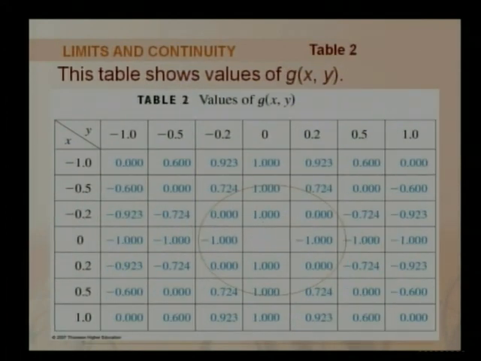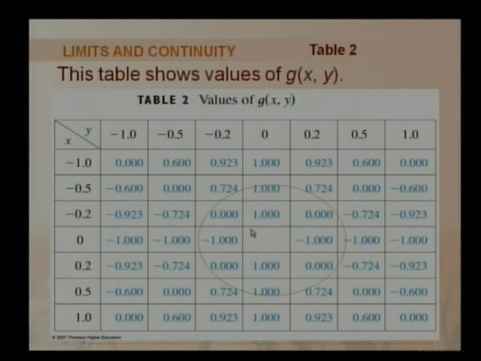g(x,y), when we approach the value of x towards 0 in a similar pattern, from negative to 0, from positive to 0, and the value of y again approaches 0 from negative and positive.